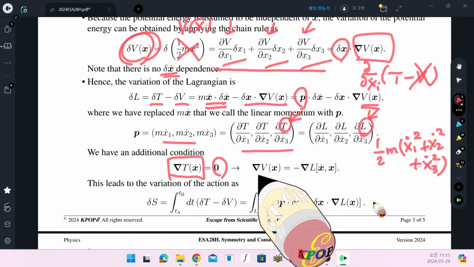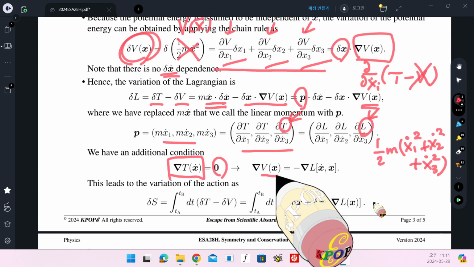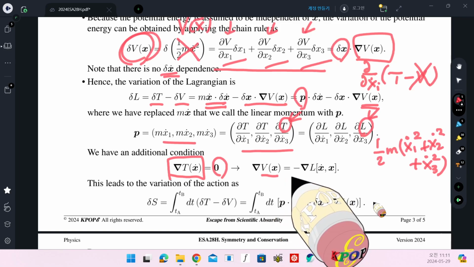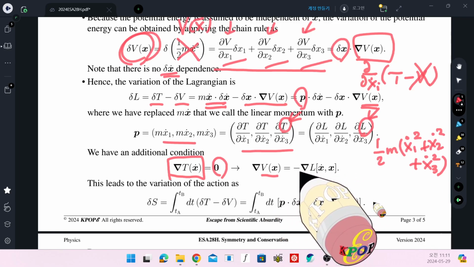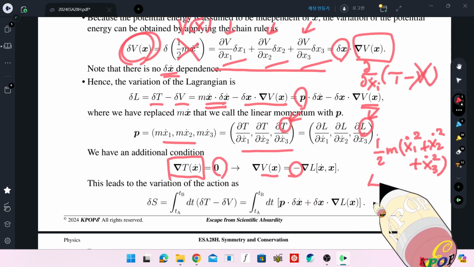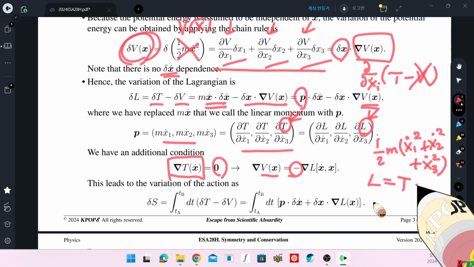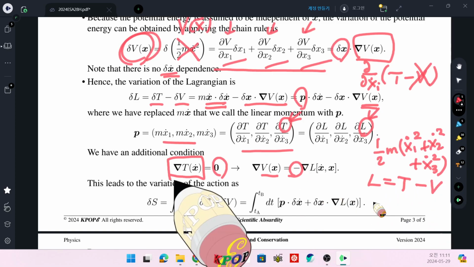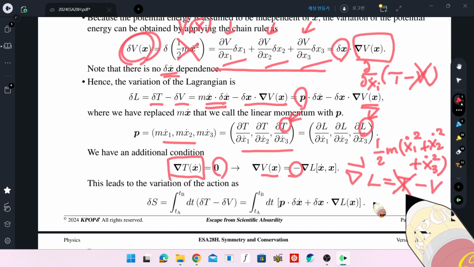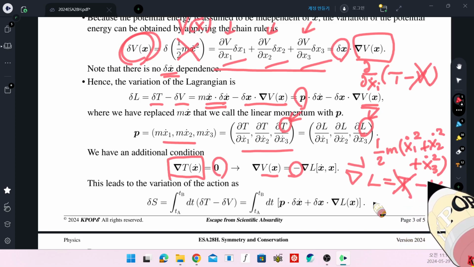As a result, the gradient of the potential energy is identical to the gradient of the Lagrangian multiplied by the negative sign. You know, the Lagrangian is kinetic energy subtracted by potential energy, and the gradient of T, kinetic energy, vanishes.